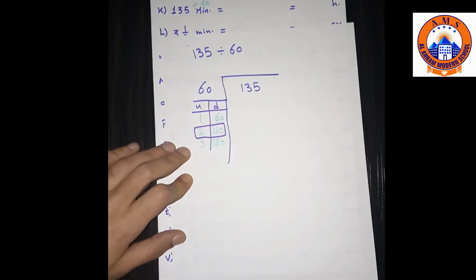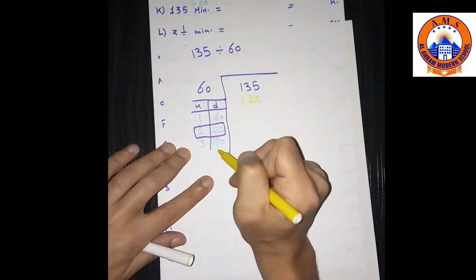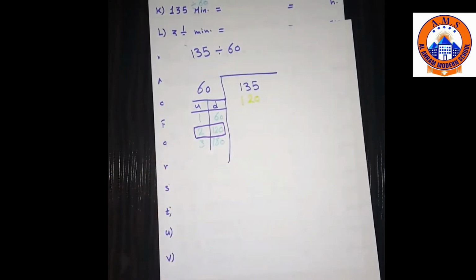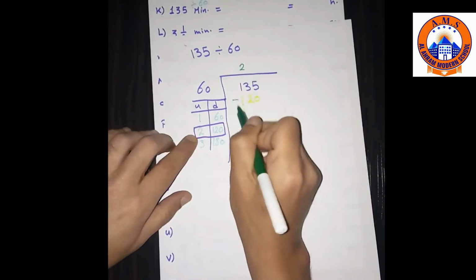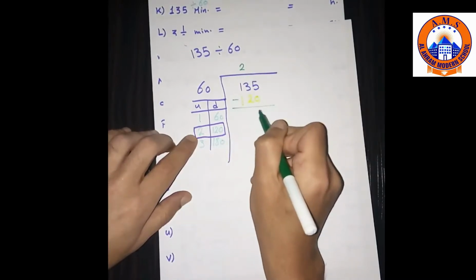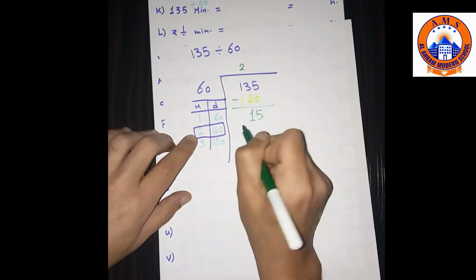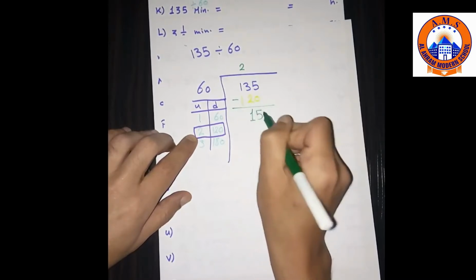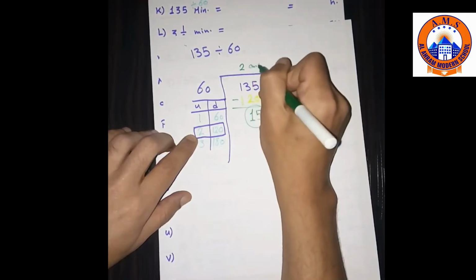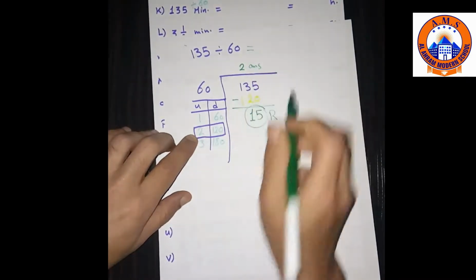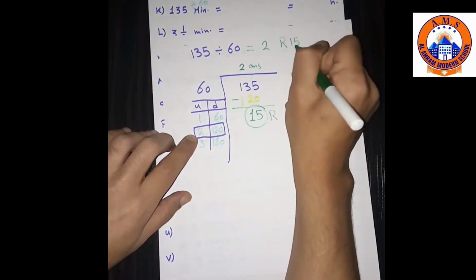I will write 120 down, and it has 2 up. By subtracting, 5 minus 0 equals 5, 3 minus 2 equals 1, and 1 minus 1 equals 0. So this is the remainder, and this is the answer. So we have a remainder 15.